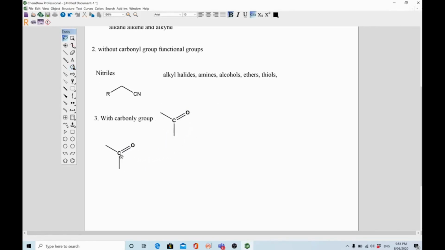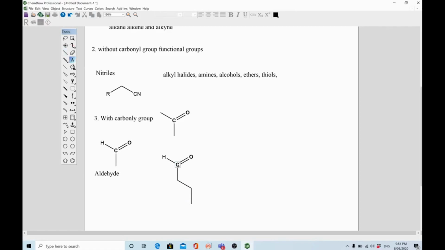So this is the first member. This is aldehyde. Here we don't say primary, secondary or tertiary aldehyde, but instead we define alpha, beta and gamma.